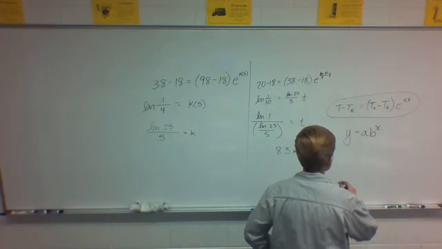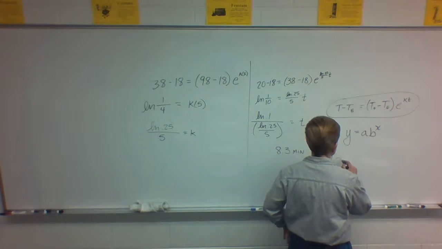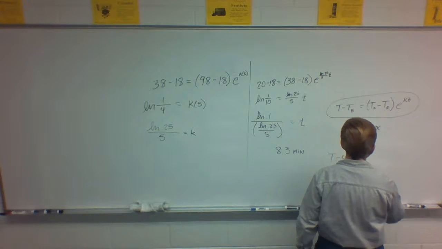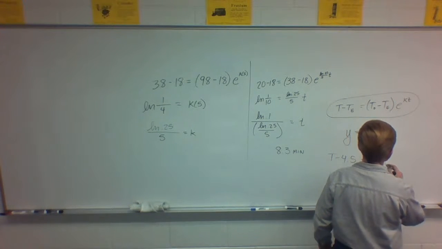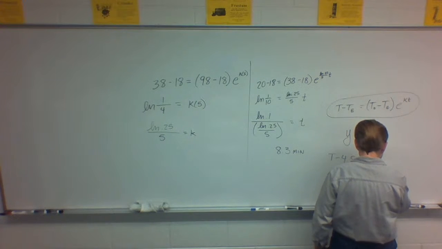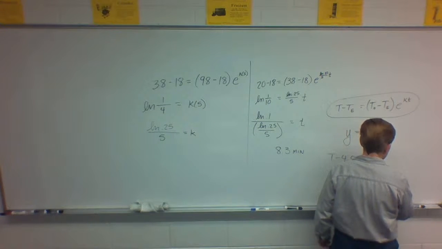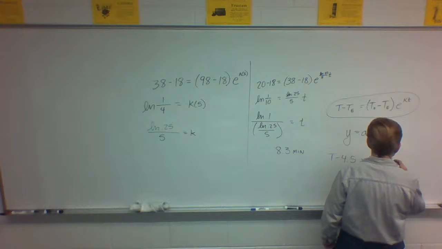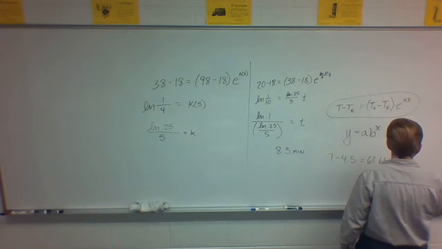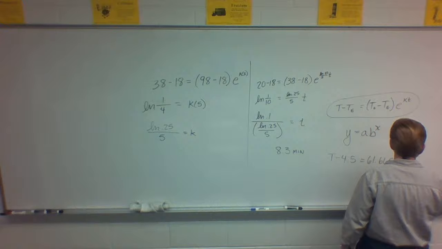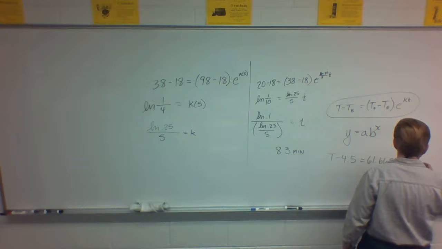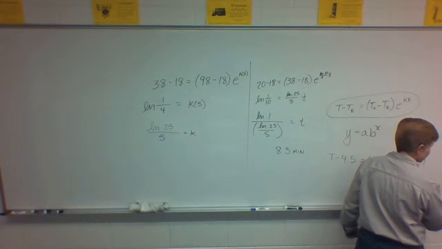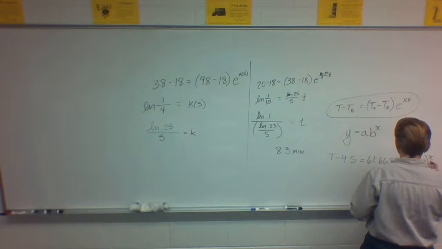Maybe we could look at the graph. Remember that this is T minus 4.5, what we have here. That's what we fit into this. And it was A, which was 61.66555 times 0.927 raised to the x is what the calculator gave us.